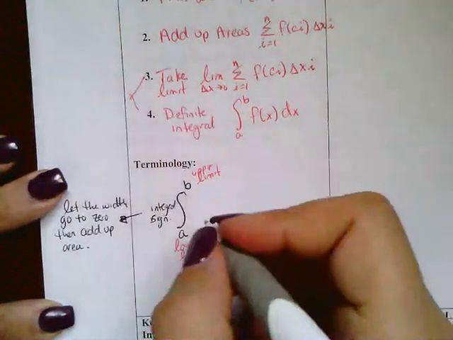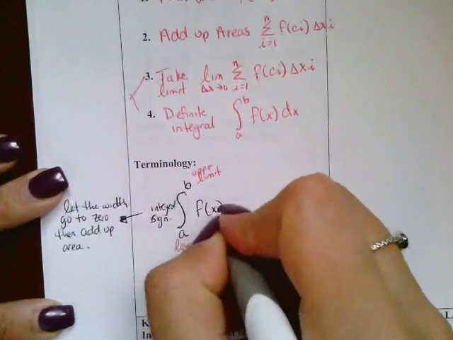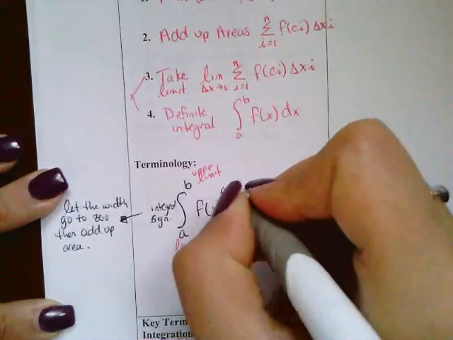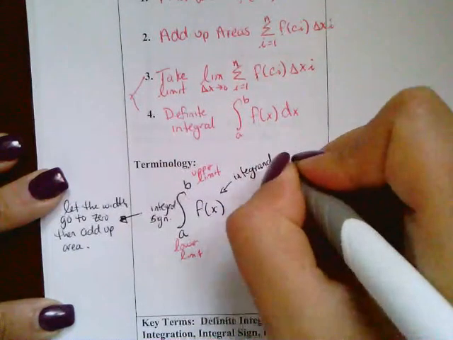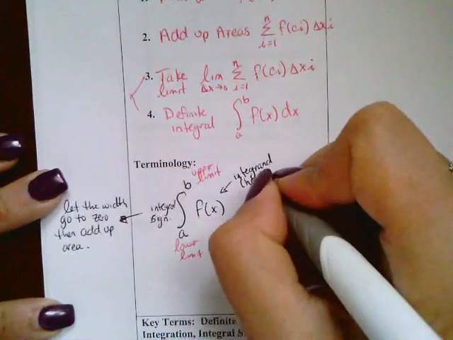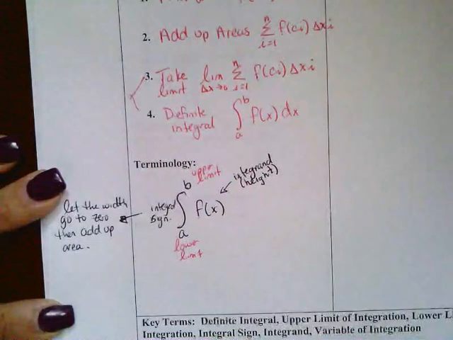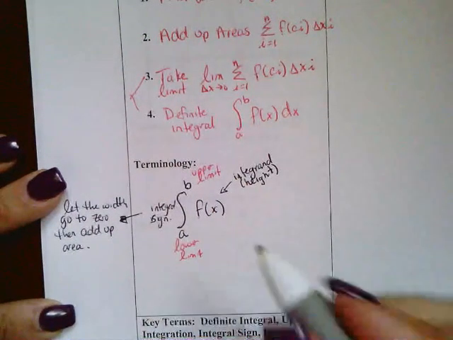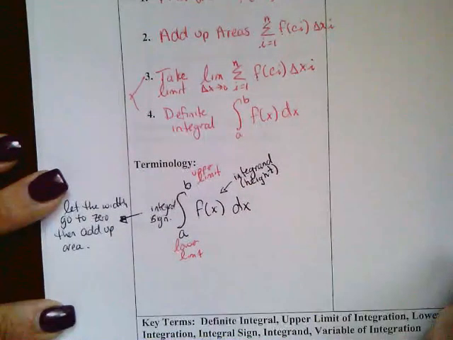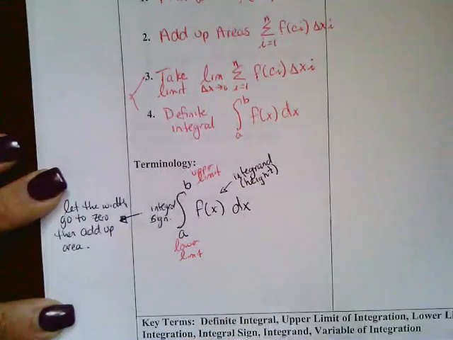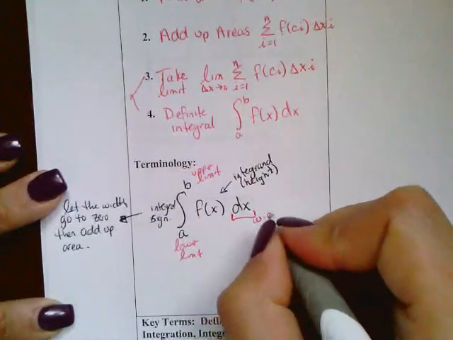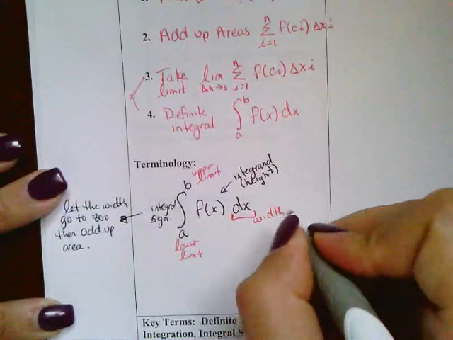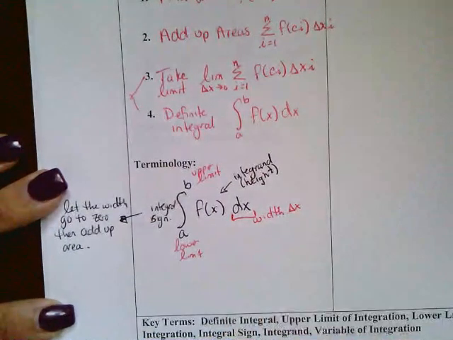And then you have your f of x, which is called the integrand, which is the height of the area that you are going to be taking. And then times dx. And it is important to remember that dx is the width, aka change of x.